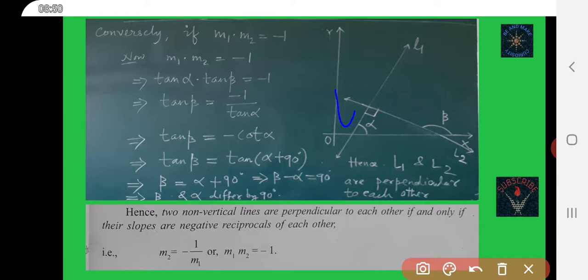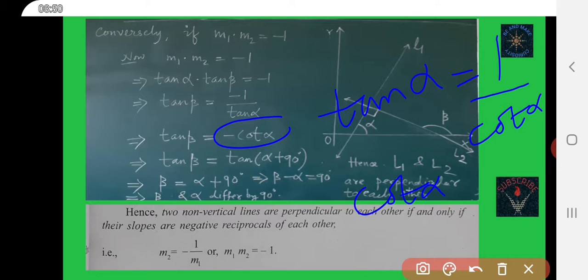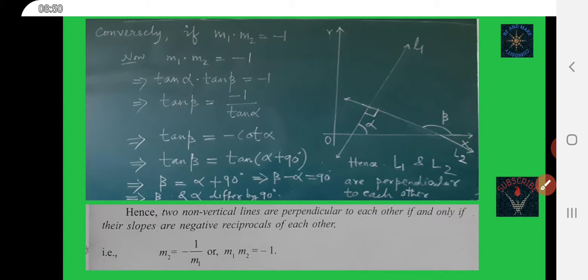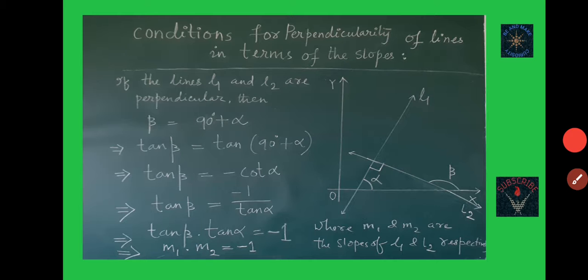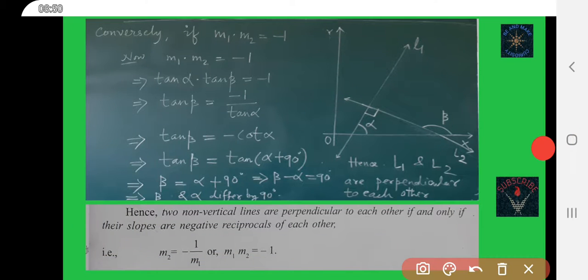As you know, tan alpha is reciprocal to cot alpha, and cot alpha is equal to 1 by tan alpha. So you can write minus cot alpha.